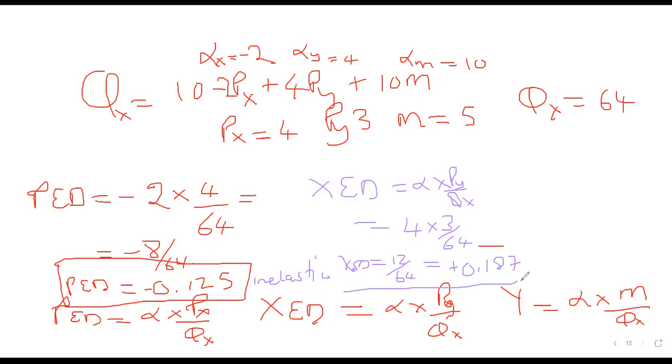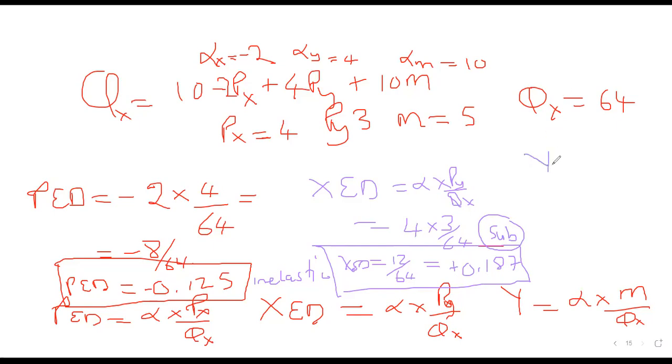So what's the comment here? Since we got a positive, we can say this is a substitute. If it was negative, it's a complement. Don't say inelastic or elastic for cross price elasticity. It is about our two types of goods.